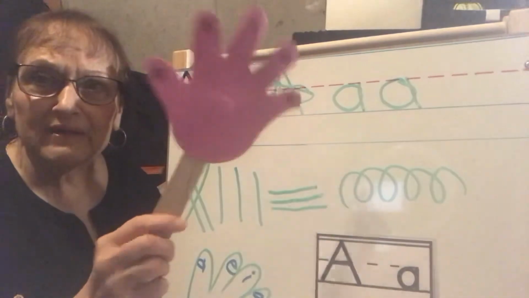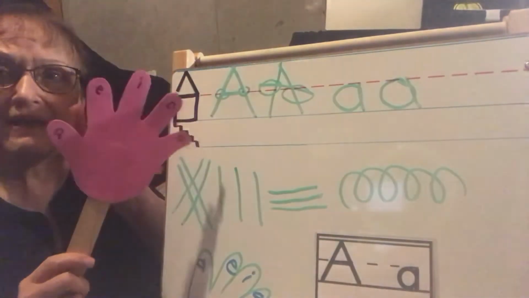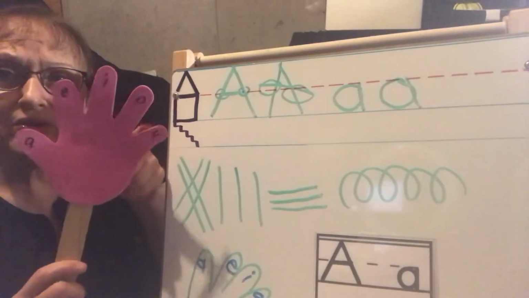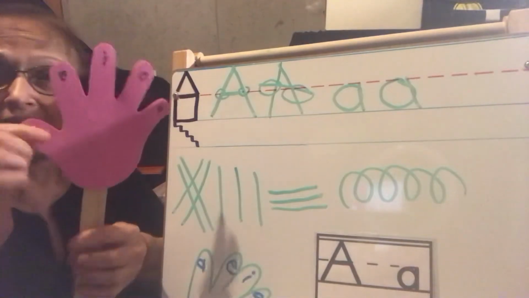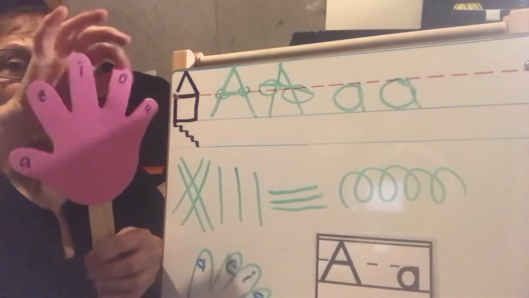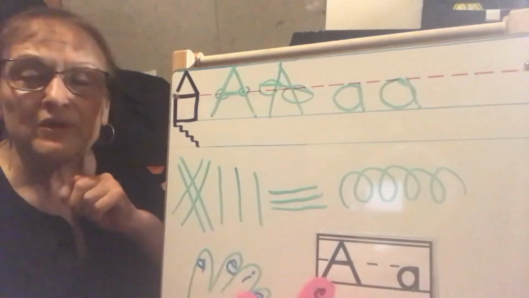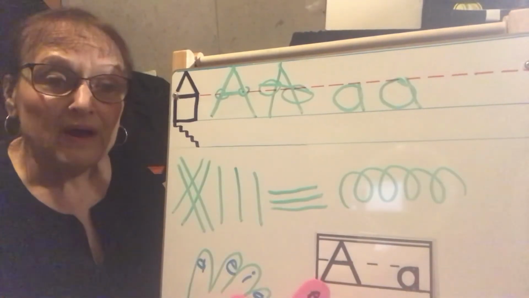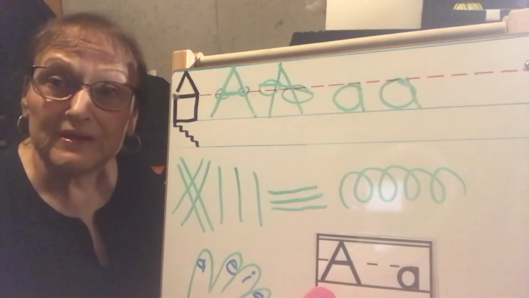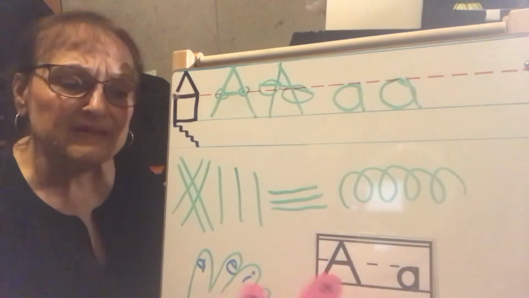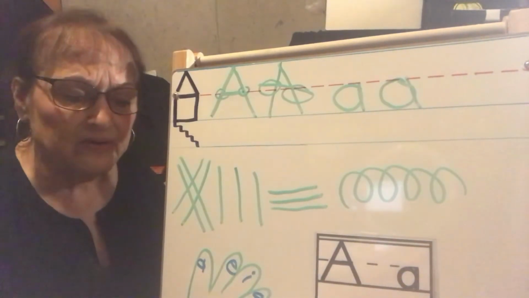So I have my little hand that says A, E, I, O, U are called the vowels. Again, we give them rhythm and rhyme to help them put a hook in it and to keep it for their very own. That's really important with early learners.